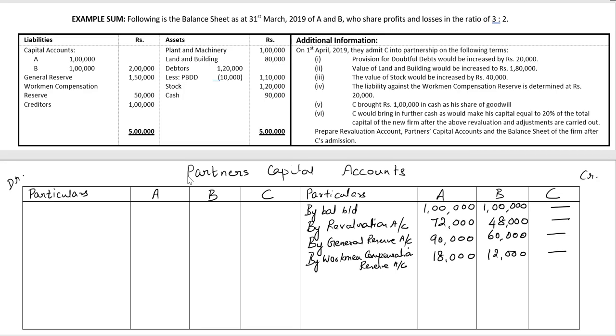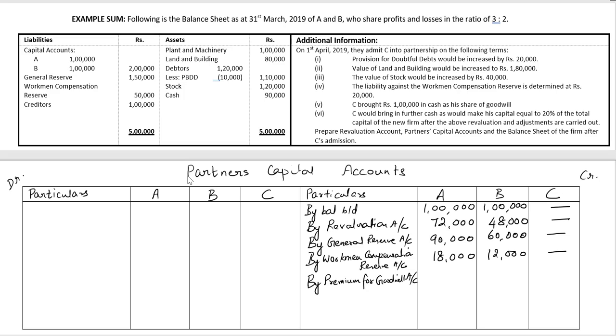Next, let's deal with the premium for goodwill which is brought in by partner C, by premium for goodwill account. C brings in rupees 1 lakh in cash as his share of goodwill.